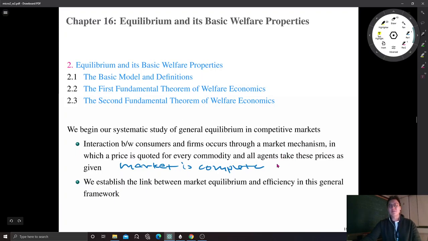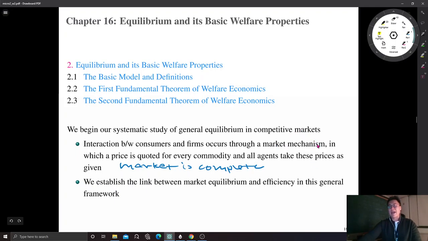And the second assumption is more important. All agents take these prices as given. So all consumers and firms are price takers. Prices are determined only through competition in the market. To each economic agent, price is beyond control. This is price-taking behavior.